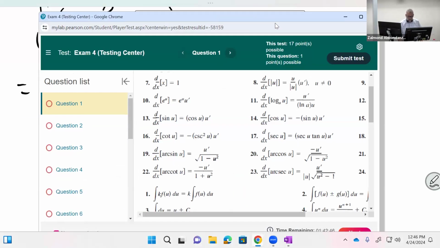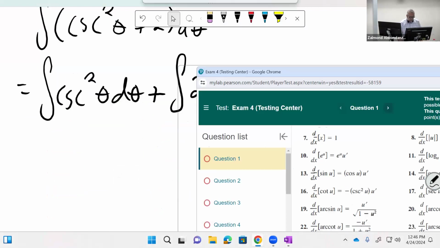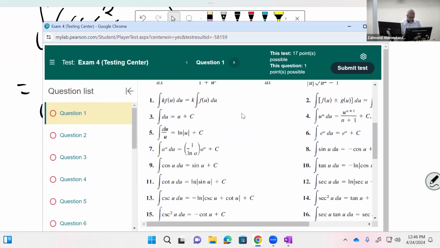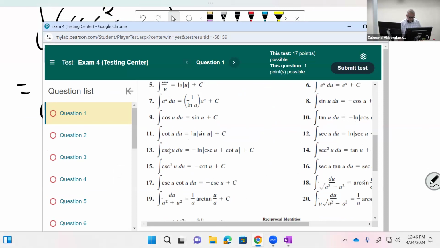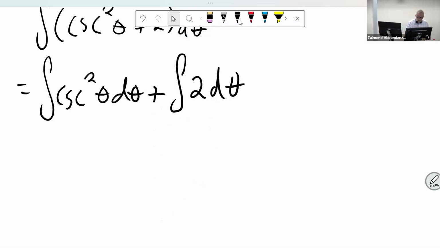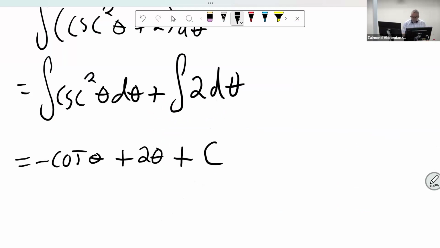You're going to have that on the final exam, and so you can simply look that up. The antiderivative of cosecant squared is right here, and it's negative cotangent. So that part is negative cotangent theta. And then the antiderivative of 2 is 2 theta plus C. And there we go.